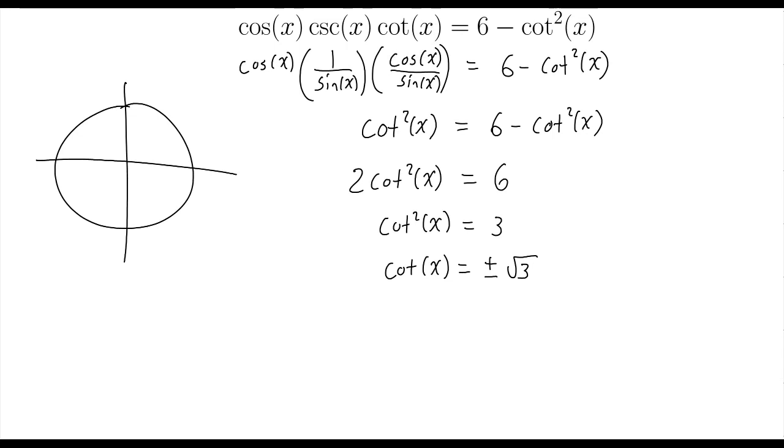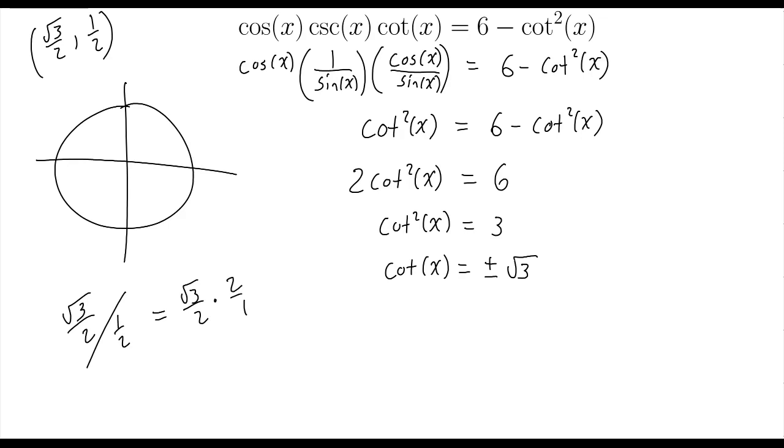So the only way that I get the square root of 3 for cotangent is when cosine is the square root of 3 over 2, and sine is 1/2. That way, if I do cosine over sine, that would be the square root of 3 over 2 times 2 over 1. The 2's would cancel to leave me with the square root of 3. Okay, so that's what I'm looking for.